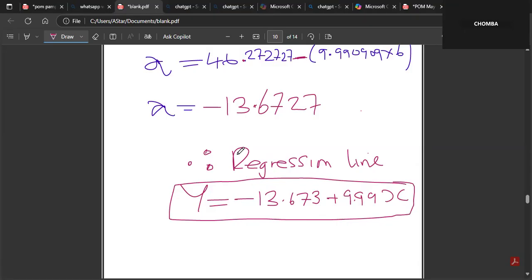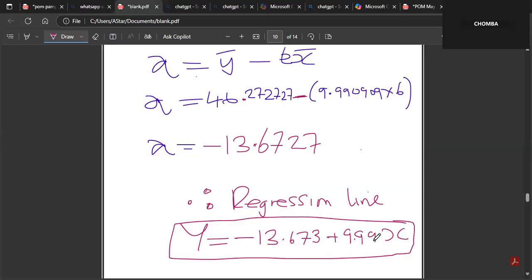So when this question comes in an exam, make sure you go for it. Don't let it go. It's the same question that came in that exam paper in 2023.